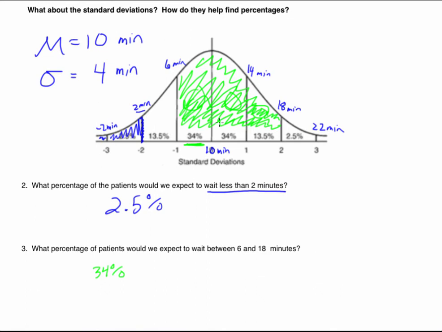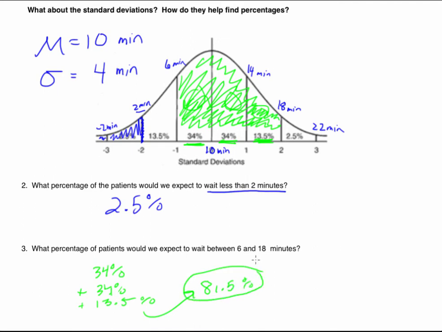Then between 10 minutes and 14 minutes is another 34%. So I can add a 34% to that. And then finally, between 14 and 18 minutes, there's 13.5%. So if you add 34 plus 34, you're going to get 68. And then if you take 68 and add 13.5, you're going to get 81.5. So this would be 81.5%.